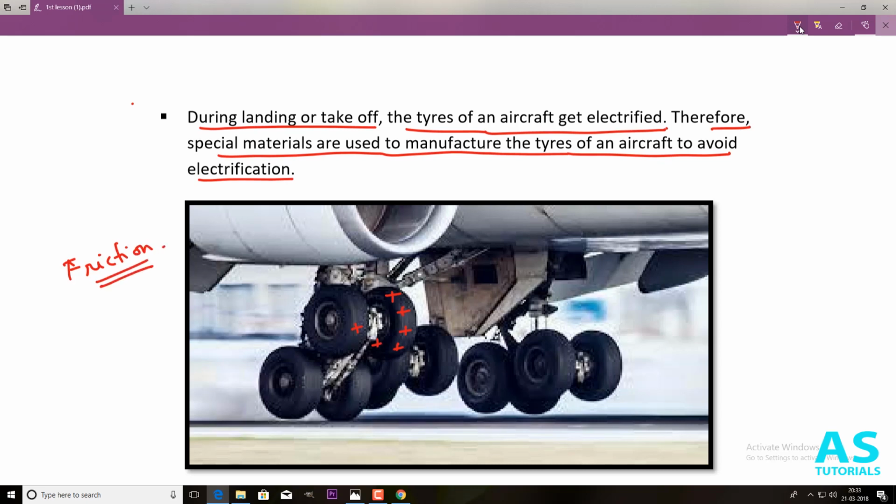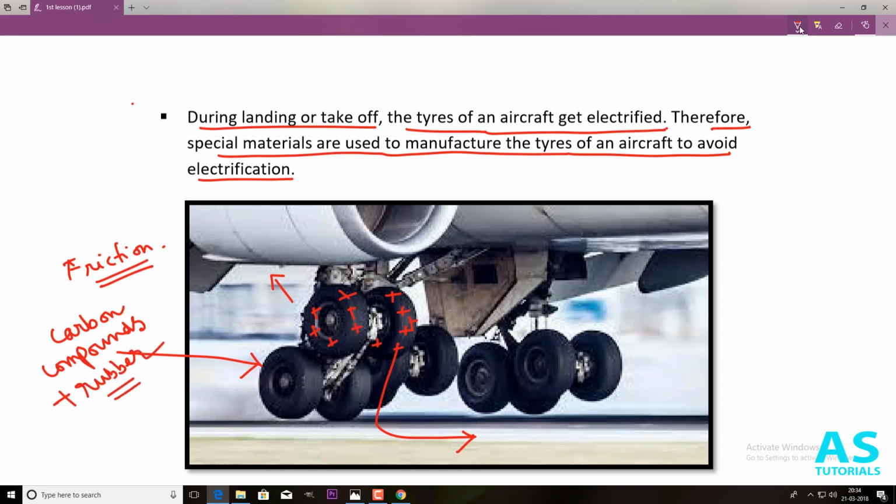And if more and more charges are accumulated on the tires, it may cause damage to the metallic body of the aircraft. In order to avoid this, the tires of the aircraft are made slightly conducting, so that all the accumulated charges may be discharged to the ground here. This is possible by adding carbon compounds to the rubber, which is used to make the tires of the aircraft.